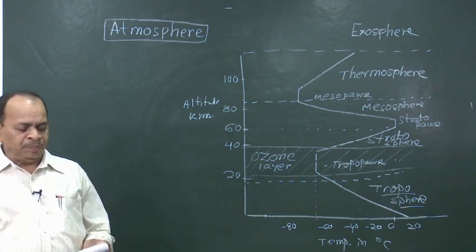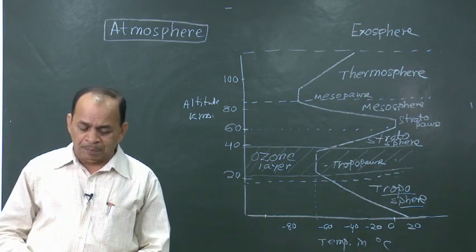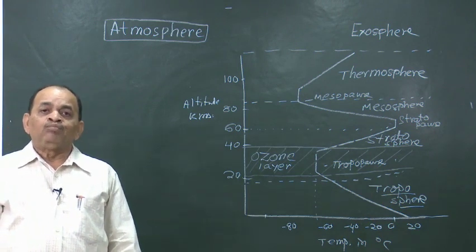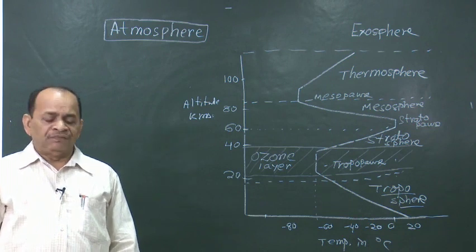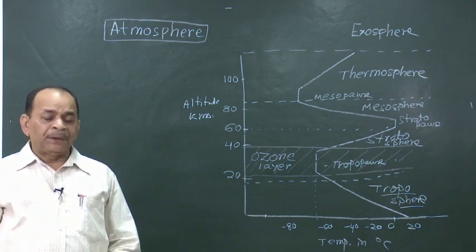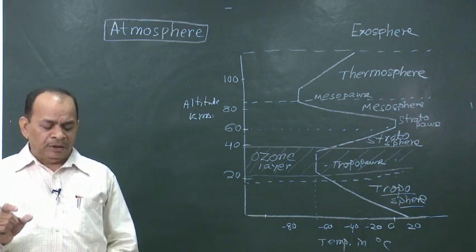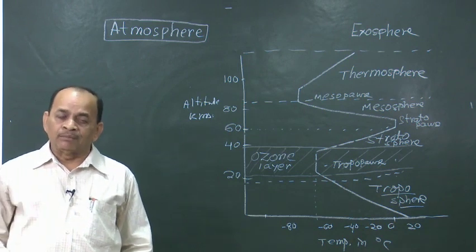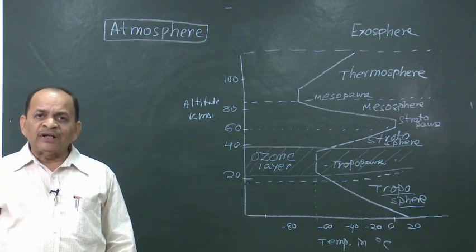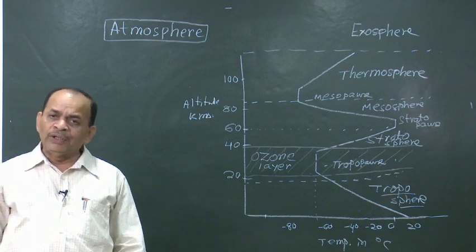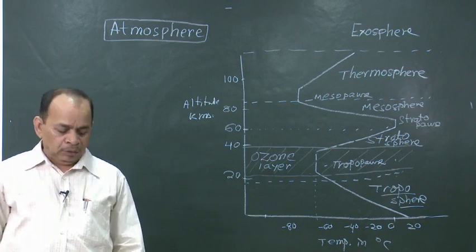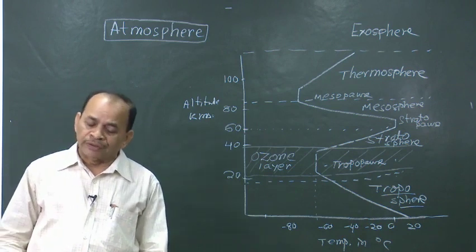Stratospheric ozone is produced when the energy from the sun breaks down the oxygen molecule into oxygen atoms. These oxygen atoms then bond with other oxygen molecules to form ozone.